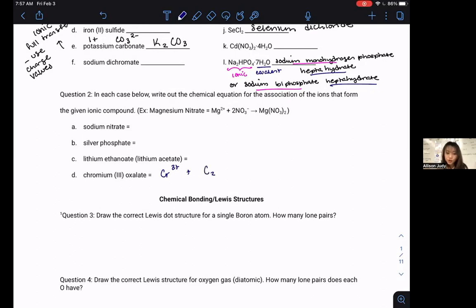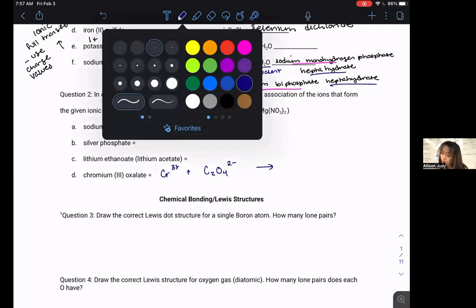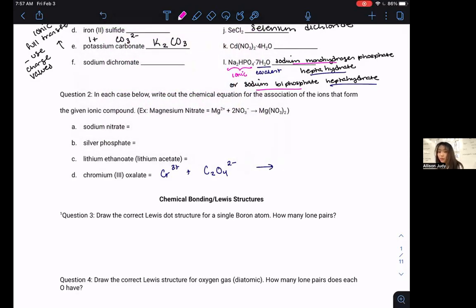C2O4 is the oxalate structure, and it's a 2 minus ion. So what is the ionic compound that would be created? Well, in order to cancel out charges, I'm going to need 2 chromium ions to come together with 3 oxalate ions.